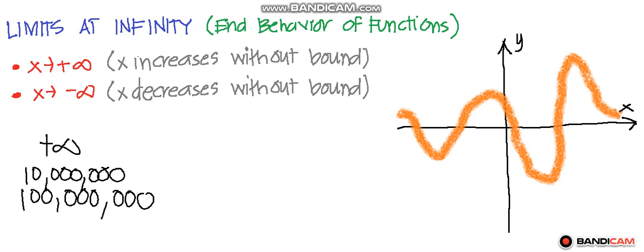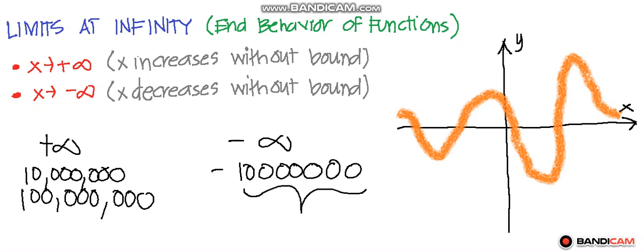Ang negative infinity naman ay numbers na maliliit, okay, actually class, okay, they are large in number, okay, or they are numerically large. Kasi itong negative infinity, pwede nating ilagay na 10 million. Okay? But since you are approaching negative infinity, then this must be negative. Okay? 10 million is very large, okay, in value.